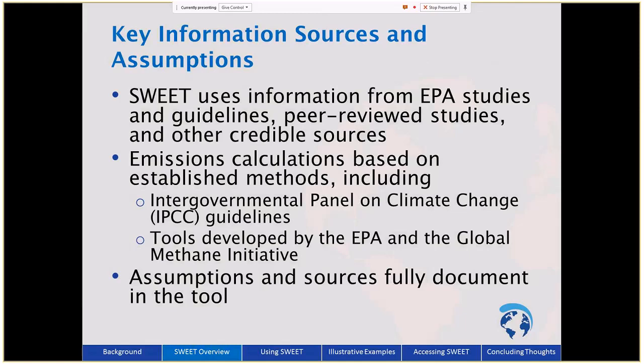All of the assumptions, and the sources behind those assumptions, are fully documented in the tool. We want the information that goes into the calculations to be as transparent as possible.